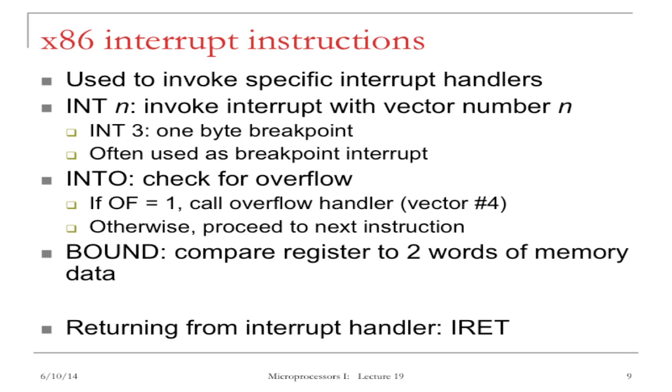INTO is to check for overflow. If OF is 1, it will call the overflow handler or vector number 4. For bound, this instruction is used to compare a register to the boundaries of an array of data. And if the register index is out of the boundary of the array, it will trigger interrupt.